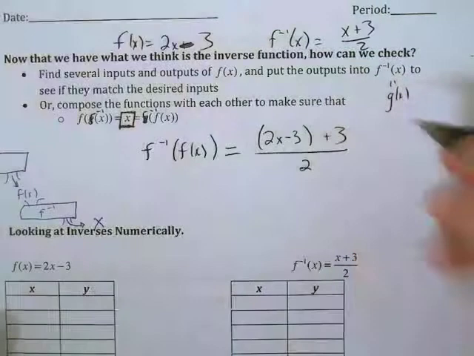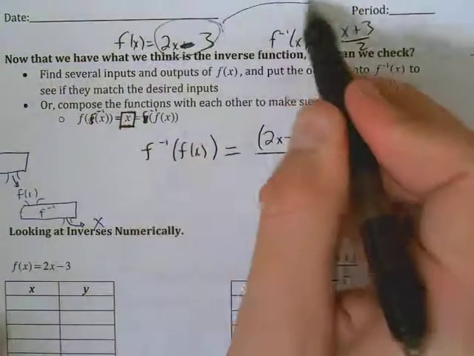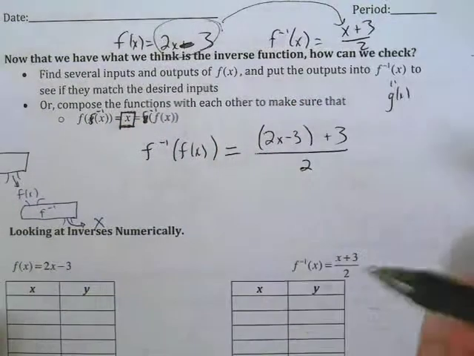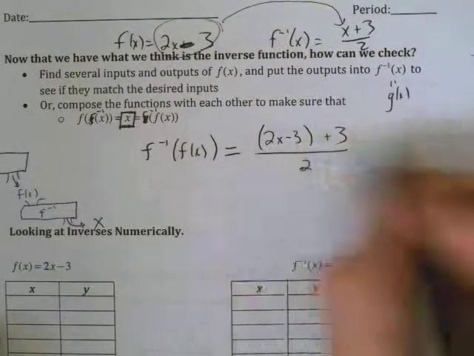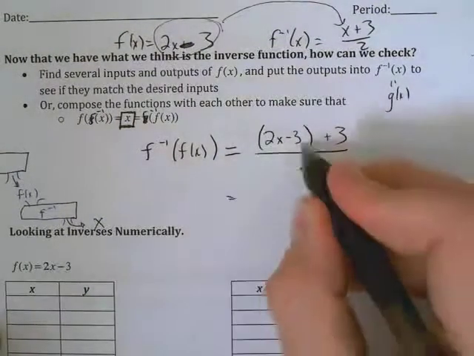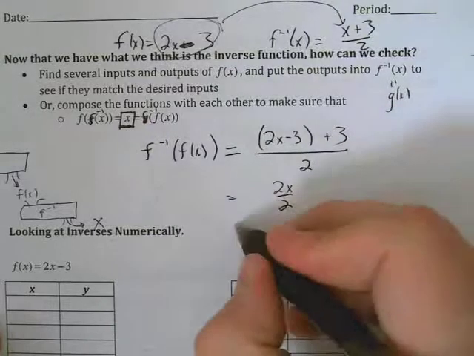That's me putting this function into the inverse. Now we can do a little simplifying. The minus 3 and the plus 3 cancel out, so you have 2x over 2. And if you divide by 2, you get x.